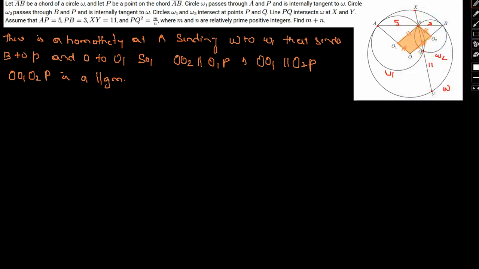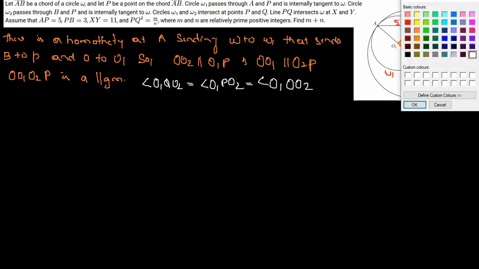Now, since it's a parallelogram, angle O1QO2 will be equal to angle O1PO2 and further equal to angle O1OO2. So let me mark all the angles so we can get a better understanding.